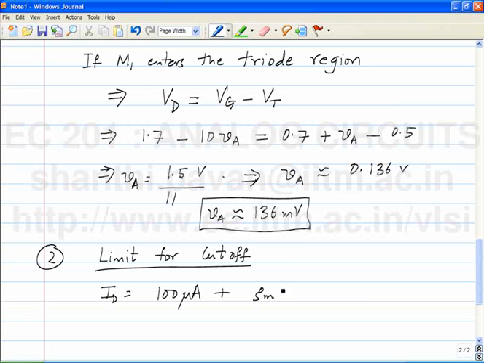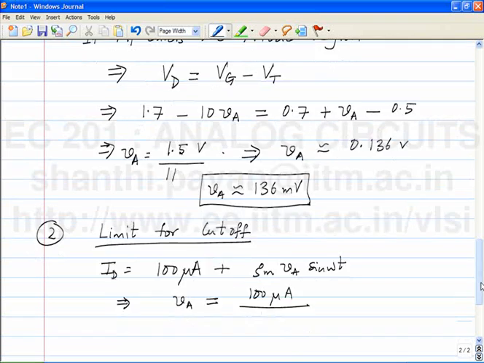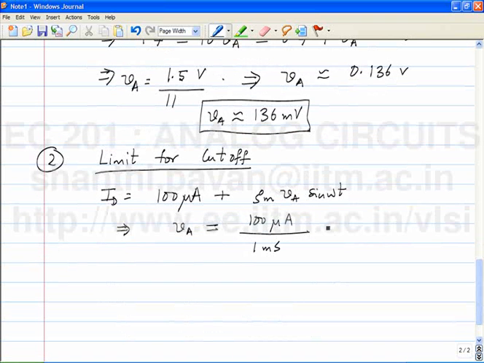So GM times VA sin omega t, which implies VA max, the limit here, is nothing but 100 microamperes divided by GM, which is 1 millisiemens, okay, which is 100 millivolts. So the limit imposed by cutoff: if the amplitude of the input exceeds 100 millivolts, then the transistor will get cut off. In other words, the top of the output will get chopped off. VA is 100 millivolts.